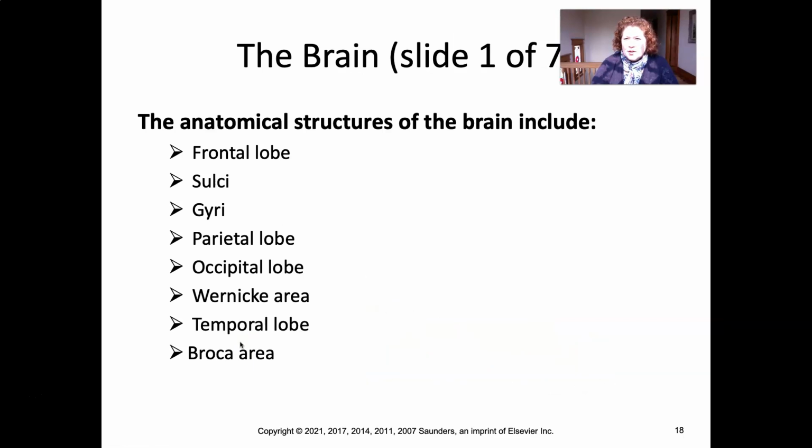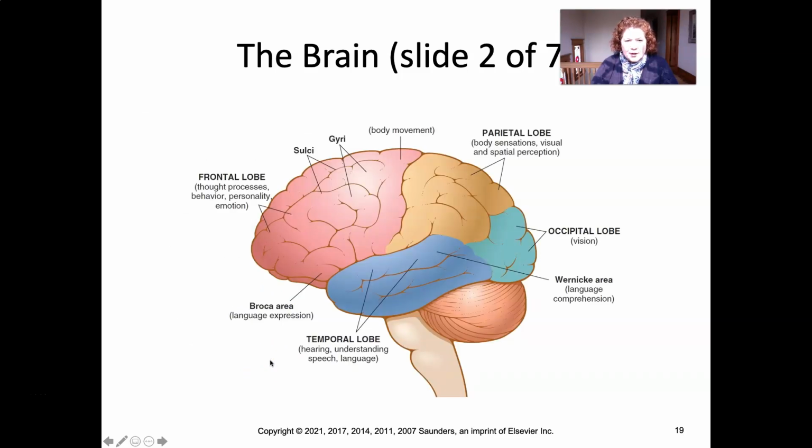Now we're going to move on to the brain, the good old brain that we all need and rely quite a bit on. The structures of the brain include the frontal lobe, the sulci, the gyri, parietal lobe, occipital lobe, the Wernicke area, temporal lobe, and Broca area. And here is a good visual for us on the different parts of the brain. You can see the different lobes.